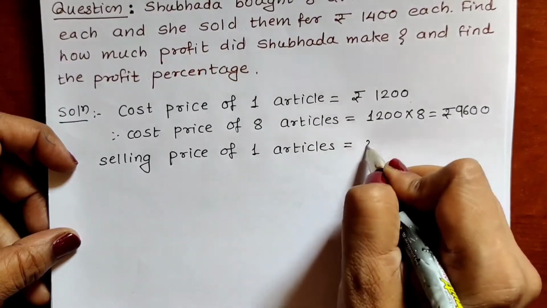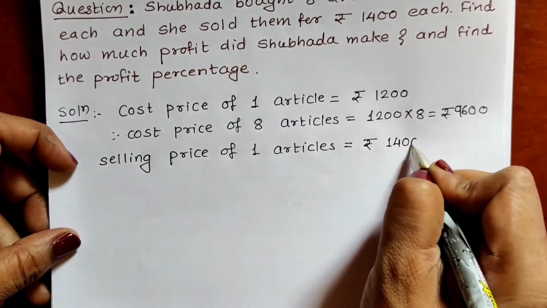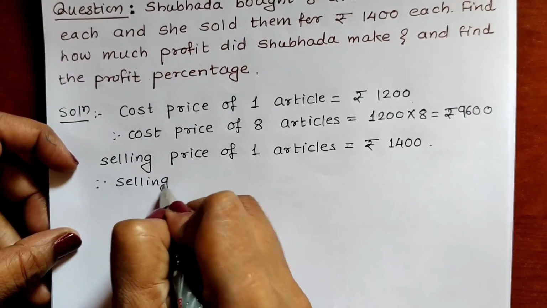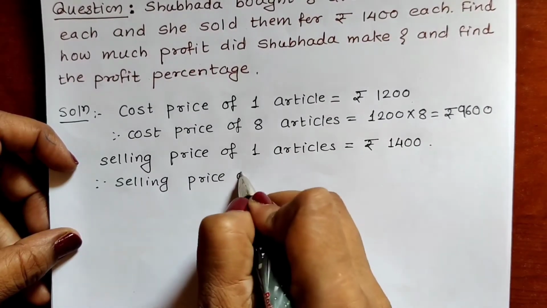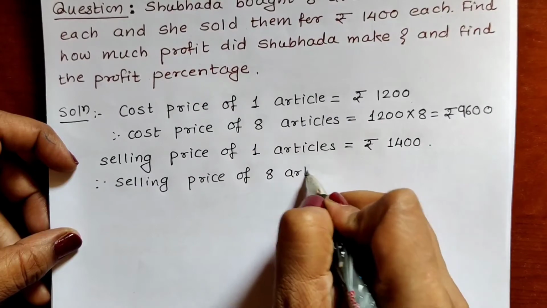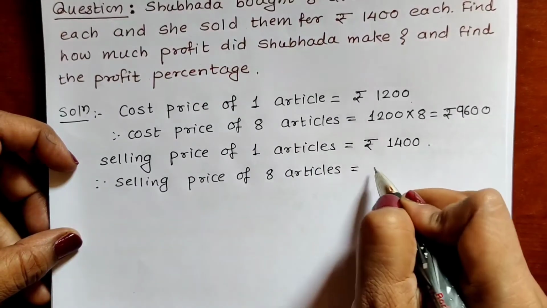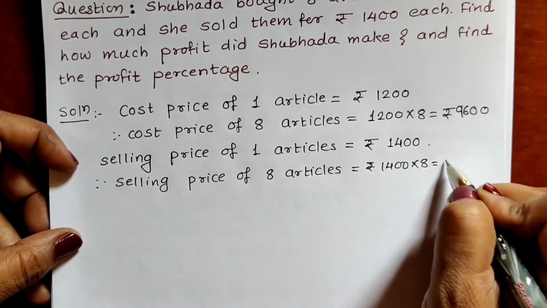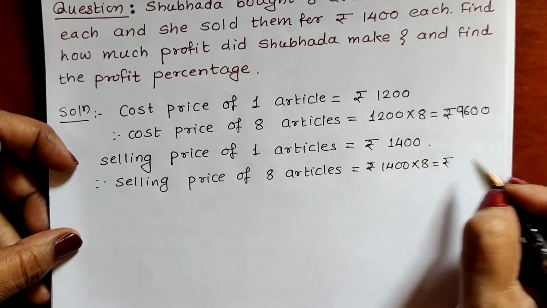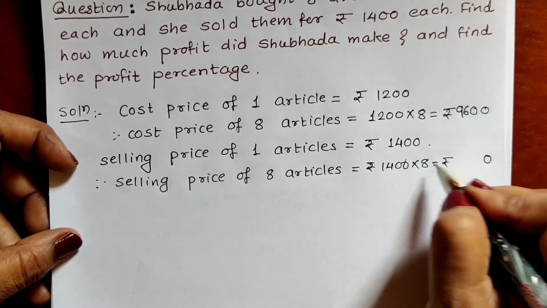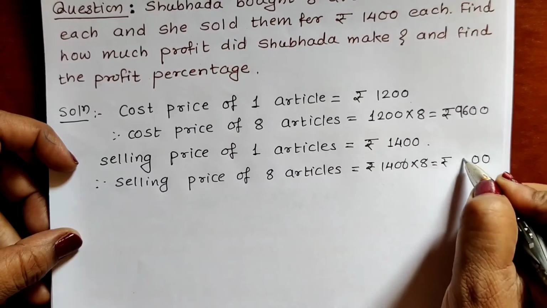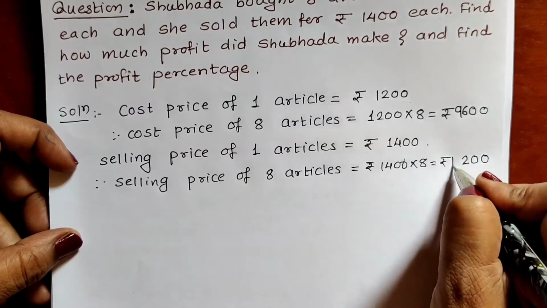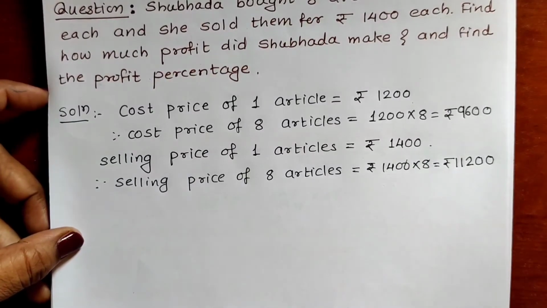It is equal to rupees 1400, and therefore the selling price of 8 articles will be equal to rupees 1400 multiplied by 8. Let us see what will be the answer. 8 zeros are 0. 8 fours are 32, 2 written, 3 carried over. 8 ones are 8, 8 plus 3, 11. 11,200 is the selling price.